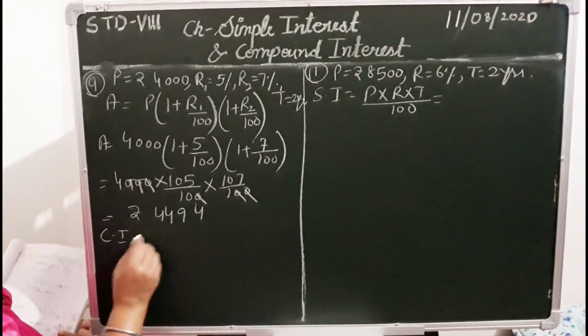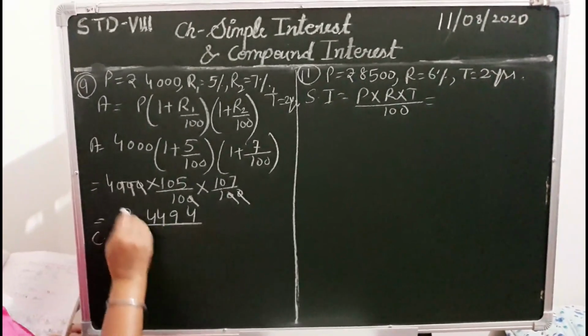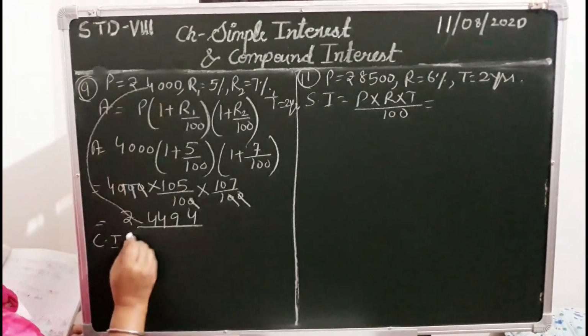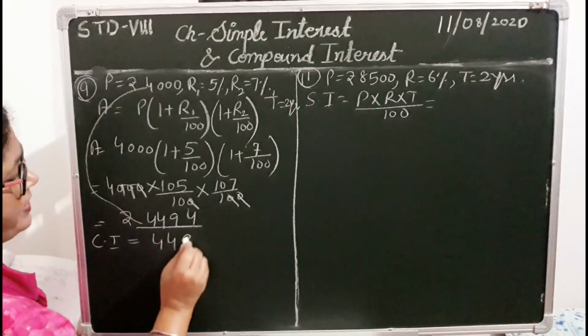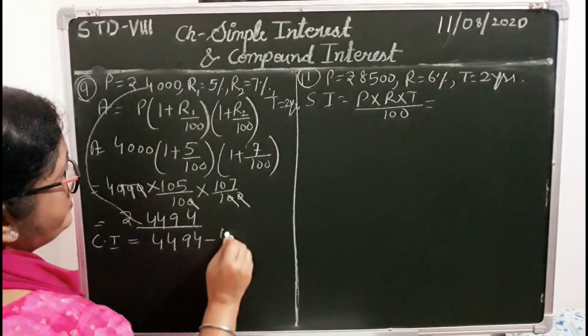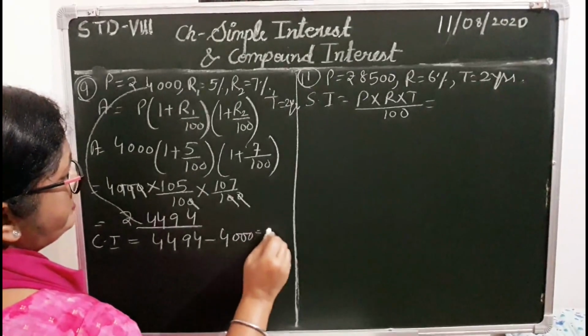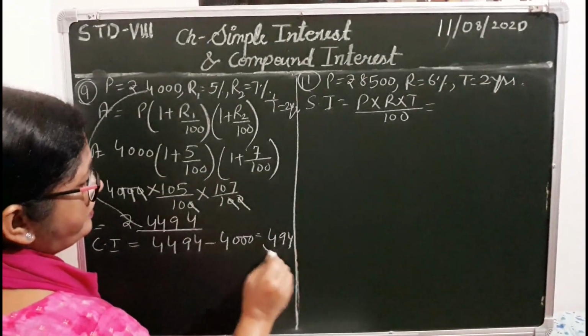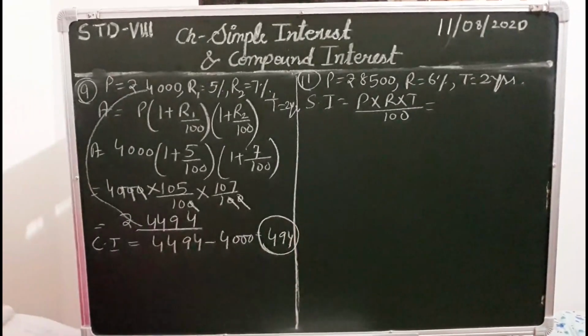Compound interest is equal to final amount minus principal. This is 4494 minus 4,000. The answer is 494, the compound interest.